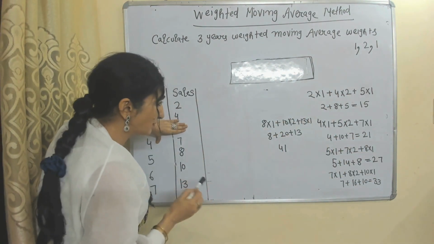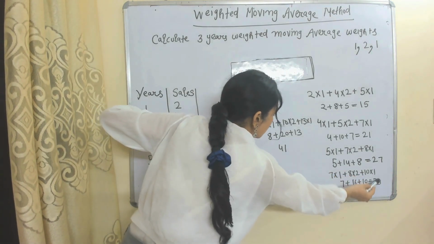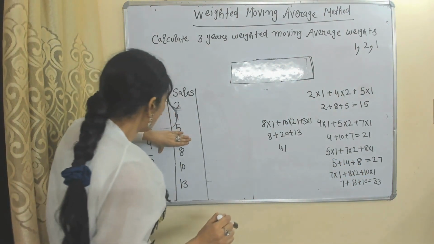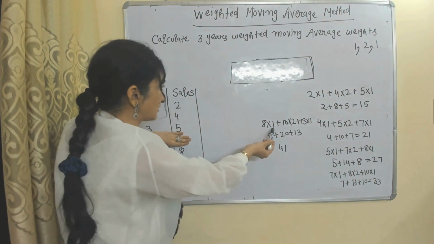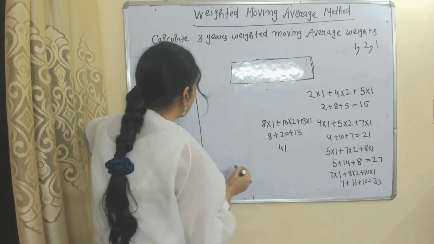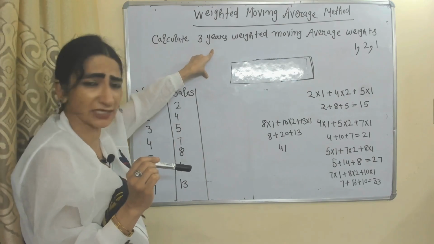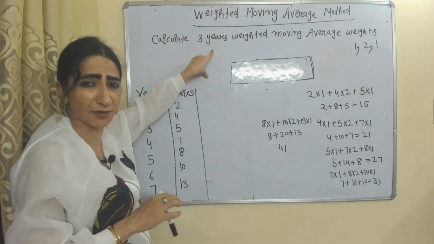Then leave 5 and multiply 7 with 1, 8 with 2, 10 with 1, it will become equal to 33. Now you leave 7 and 8 multiply with 1, 10 with 2, 13 with 1, it will become equal to 41. We are adding 3 numbers because in the question we have to calculate 3 yearly. That's why we are adding 3 numbers.